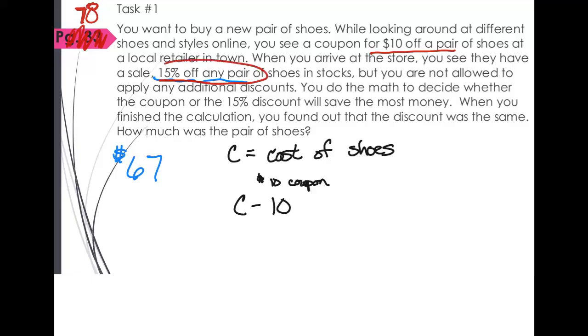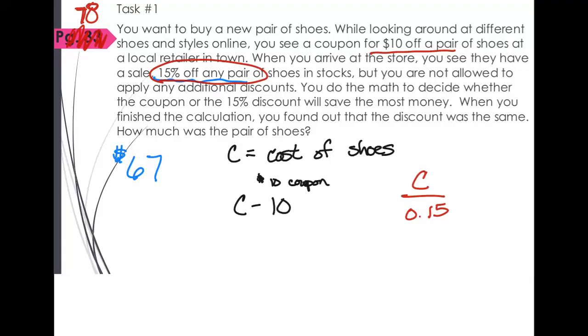15% off. Okay, how do I represent 15% off? Say it again. Okay, 0.15. So if I take a cost and I divide it by a very small number, you are going to get a larger number than the cost. So I don't want to divide.